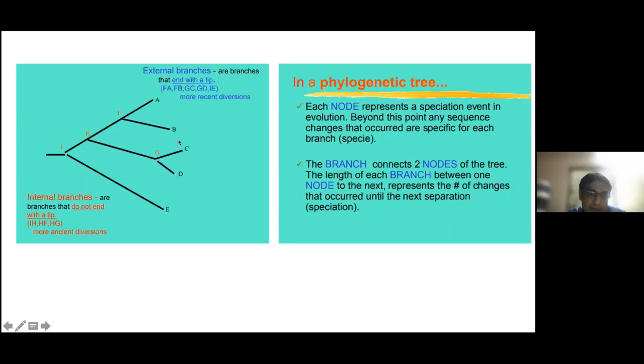Usually in bifurcating trees, two species diverge from a single node. Sometimes you find more than two, for example three or four branches. That happens when more than two species diverge from a single species or sequence, or when we can't resolve which one is the ancestor and how the divergence happened. That's also called multifurcating, or a radiation.